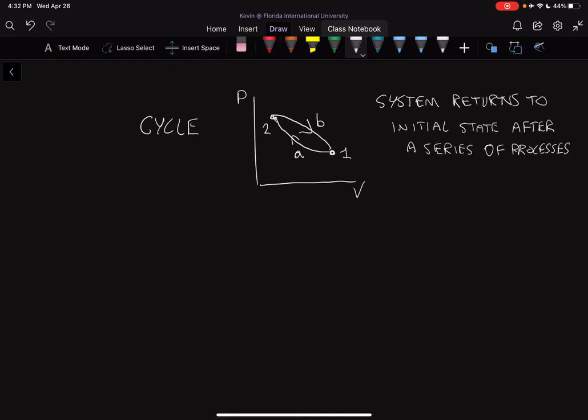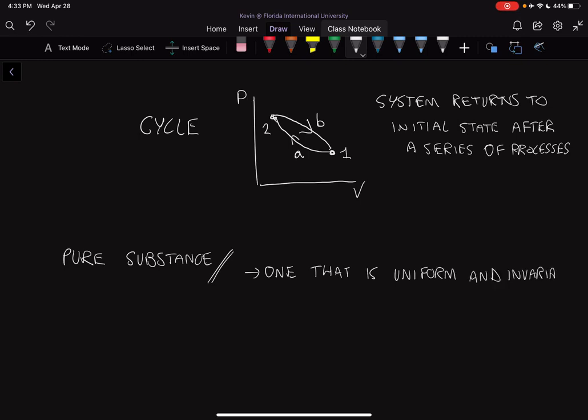Now, a little bit more definitions for today, as we are going through a lot of definitions to bring everyone up to speed with the terms we're going to be using for this class. The next definition we're going to go through is a pure substance. And what is a pure substance in thermodynamics? Essentially, a pure substance is one that is uniform and invariable in chemical composition.